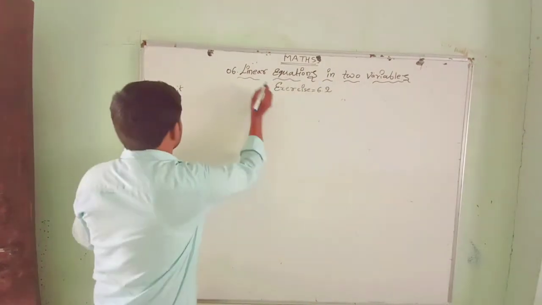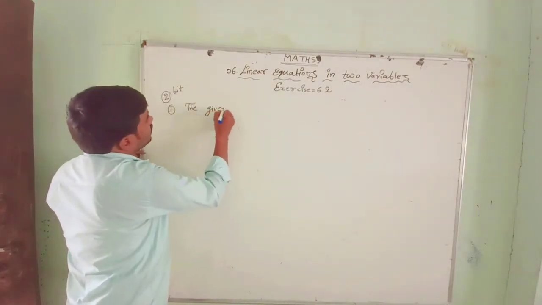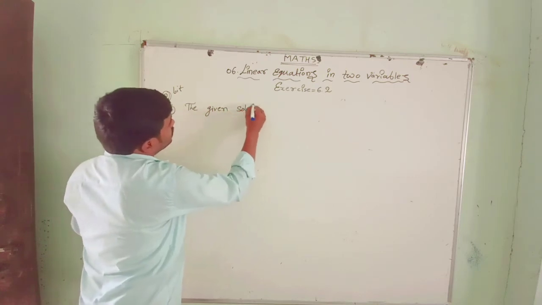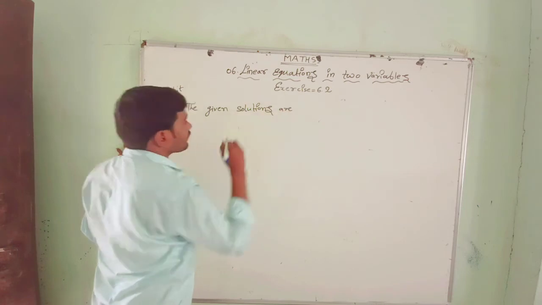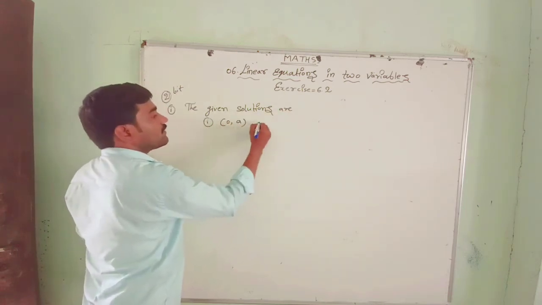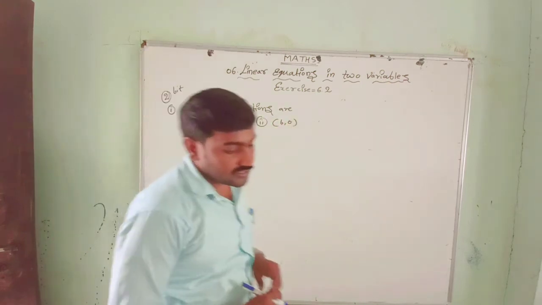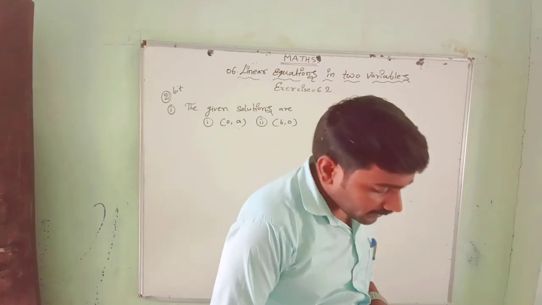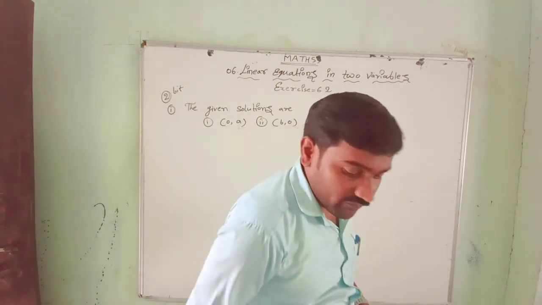The given solutions are the first one (0, a), the second one (b, 0). Then we need to find out the a value and b value of the following questions.